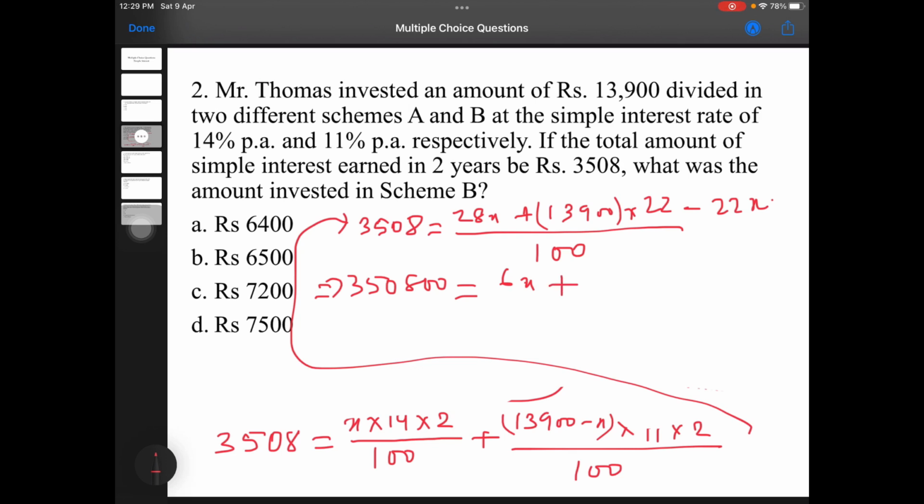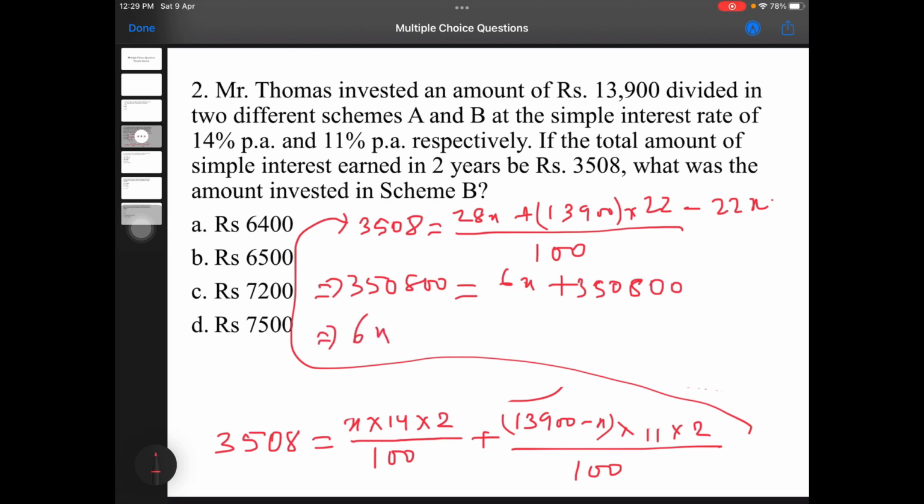13,900 multiplied by 22 will be equal to 305,800.